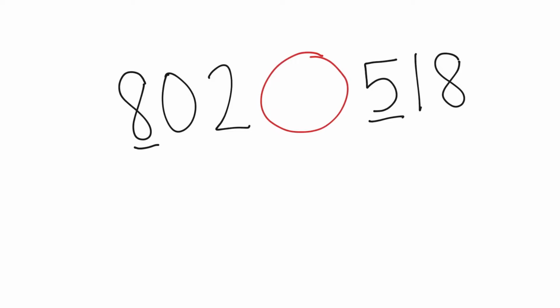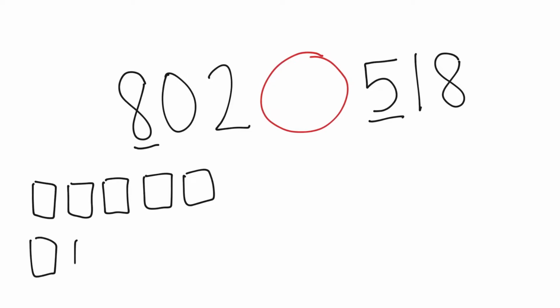which number is bigger. So for example, in 802, I know that I have 8 hundreds. I know that I don't have any tens because there's a 0 in my tens place, and I know that I have 2 ones. Now in 518, I have 5 hundreds.